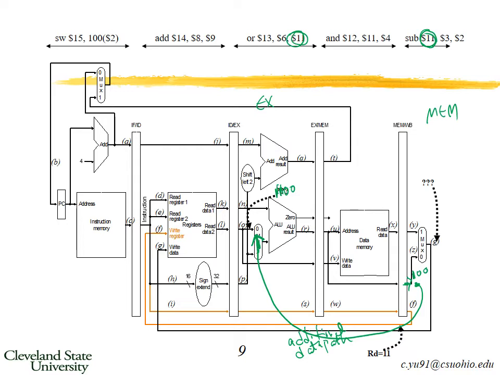The new value of register 11, 100, is already available on line G in the write back stage. We can have an additional data path to the execution stage so that the ALU can get the second source data for the OR instruction.